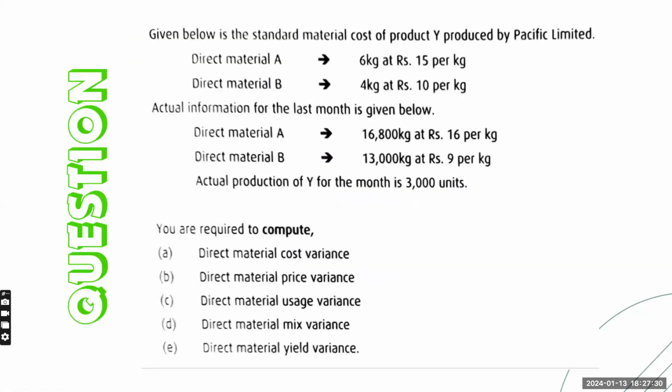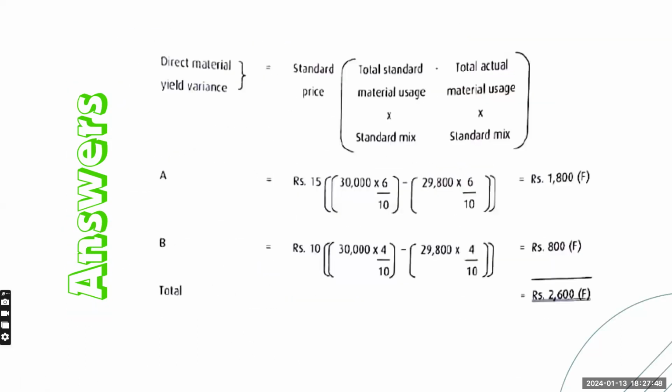Remember, kids, it's on actual production. Here there is 6, here there is 4, total 10 kilograms per unit. And how many units have they produced? Actual 3,000. So you have to multiply by 3,000. So in total you have to take 3,000 into 10 kilograms.